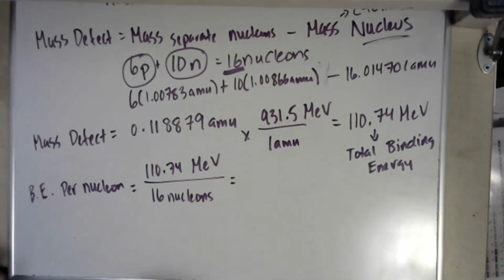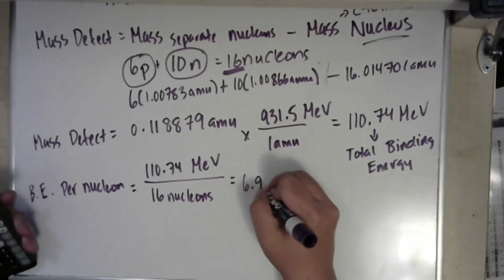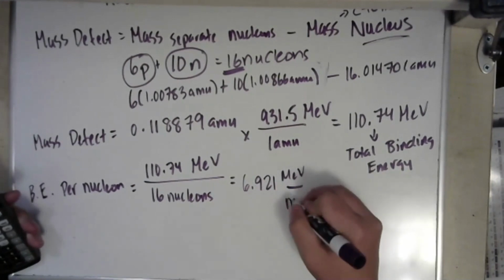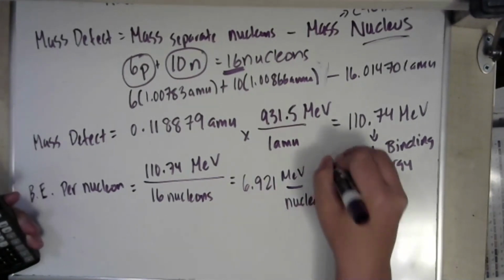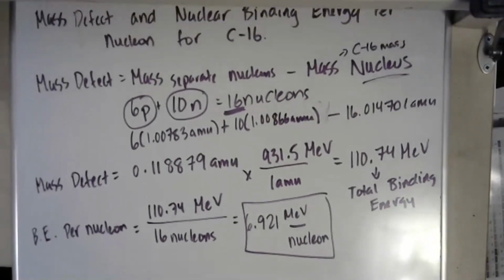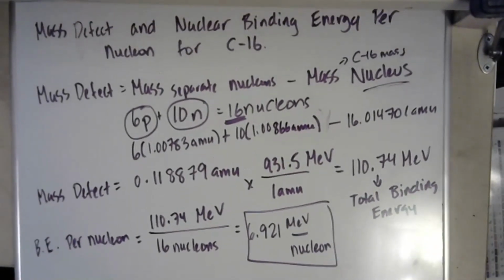And we're going to end up with 6.921 MeV per nucleon. So it really does just seem more complicated than it actually is. It's not that bad at all.